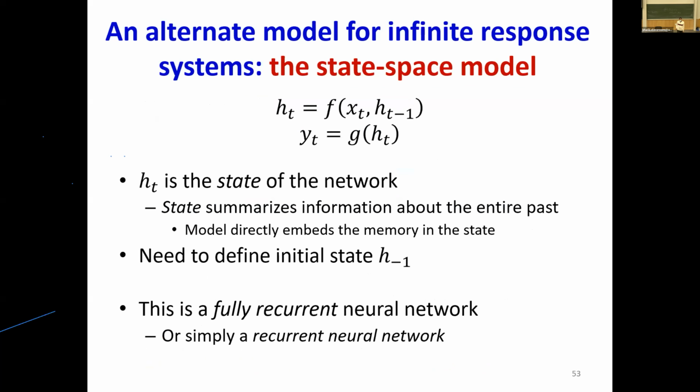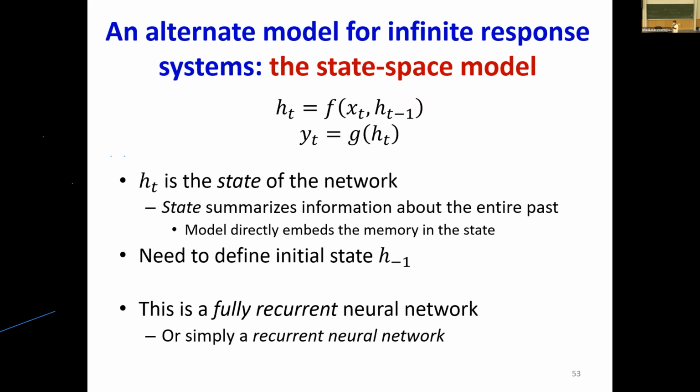Now, in the state space model, we define a state variable ht, which is the state of the network. The state summarizes information about the entire past, and all memory about the entire past is in this state. The state at any time is a function of the input at that time and the state at the previous time.